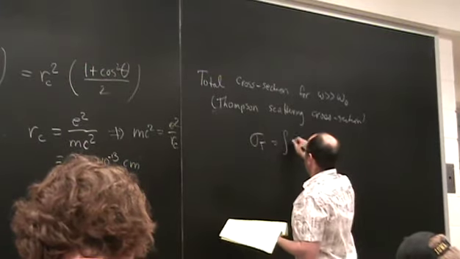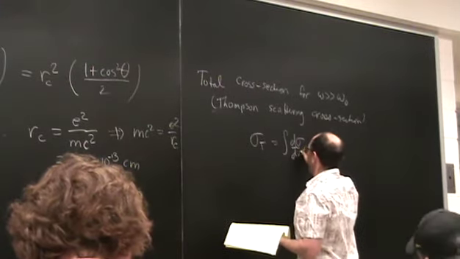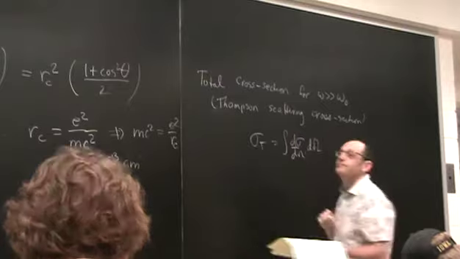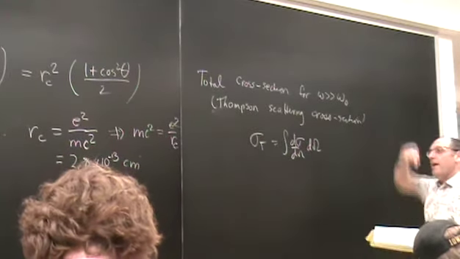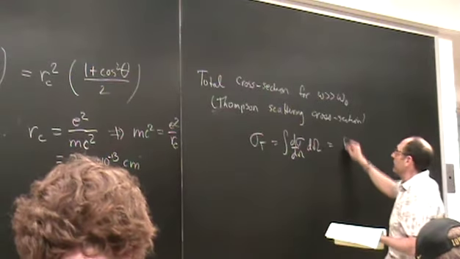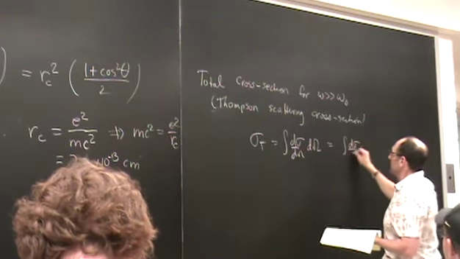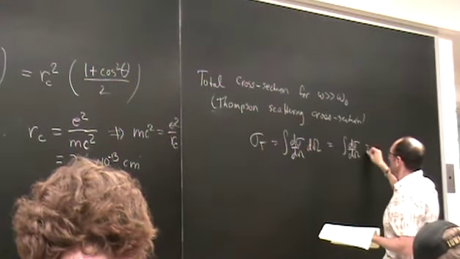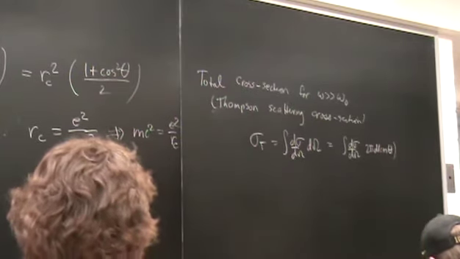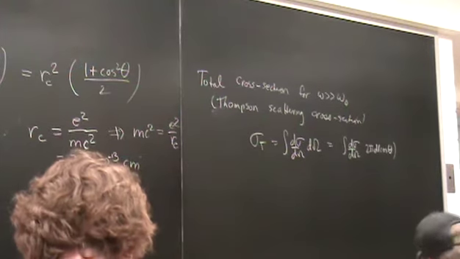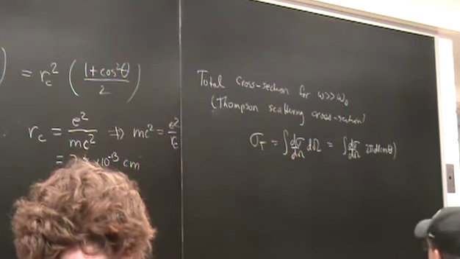So that's this thing integrated over all solid angles. It's independent of phi, so I can write this as 2 pi d cos theta. That's the element of solid angle, integrating over all the phi.